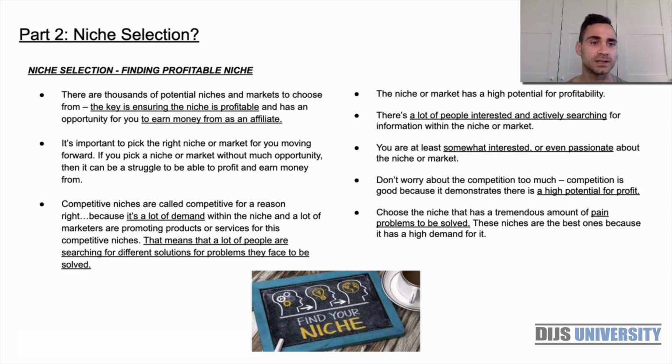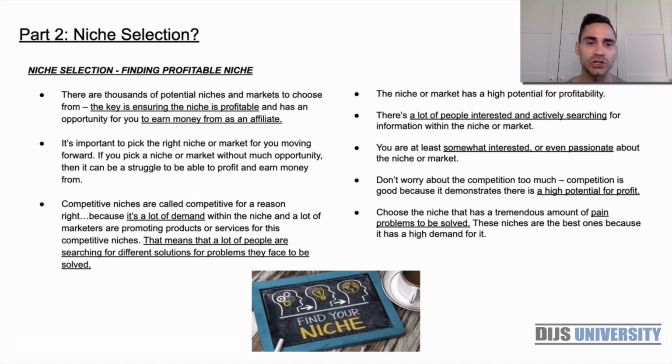The second point is that it's important to pick the right niche or market for you moving forward. If you pick a niche or market without much opportunity, it can be a struggle to profit and earn money from it.